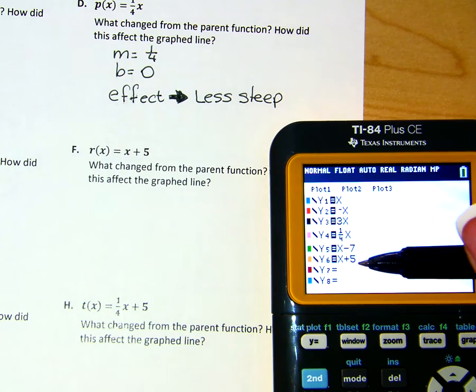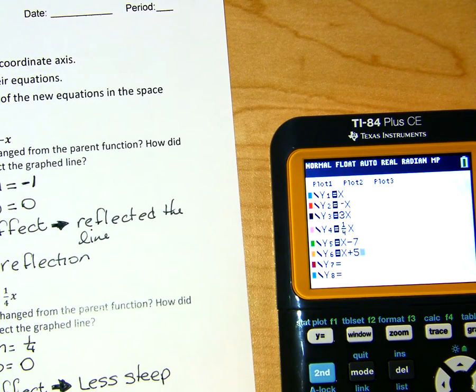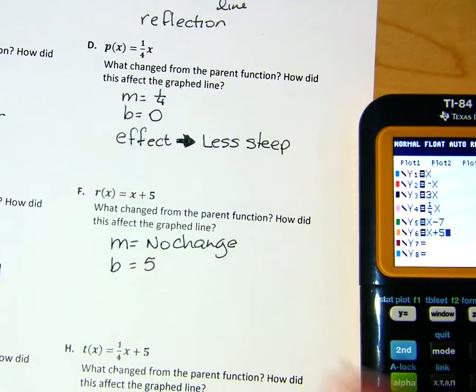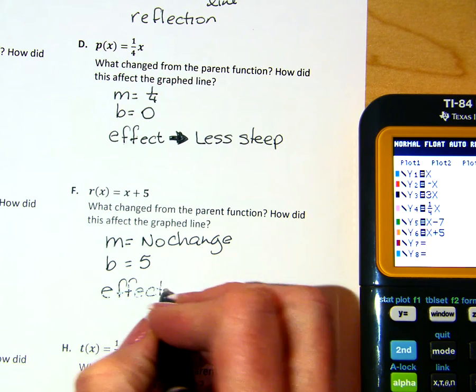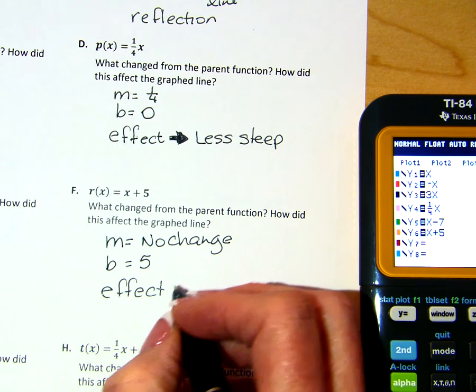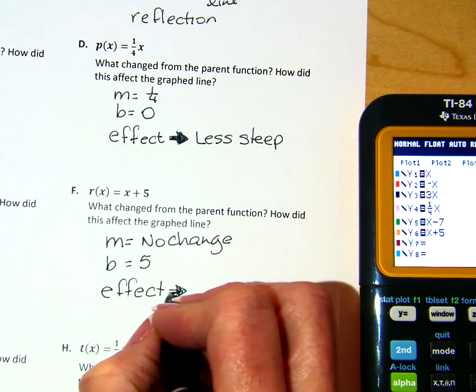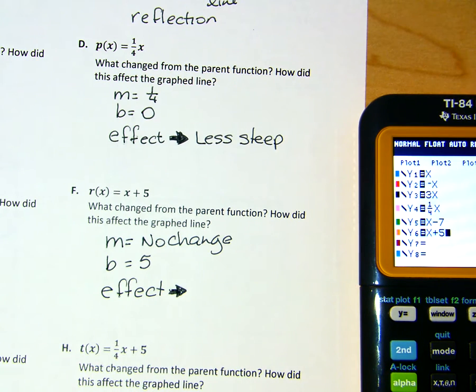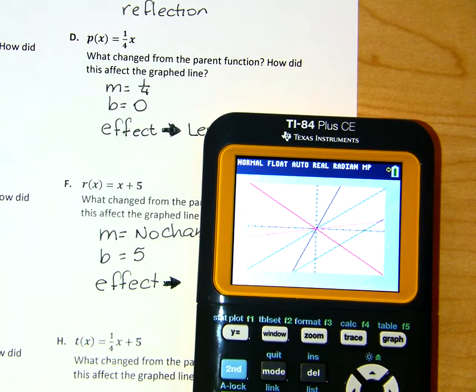And this one, since the y-intercept has changed, so the slope is no change, so again we should have a parallel line, but the new y-intercept is now 5, so the effect here, we expect it to be similar to what happened on the one where we went down 7, but that was because it was a -7, so hopefully this one will give us a different effect and move it up.